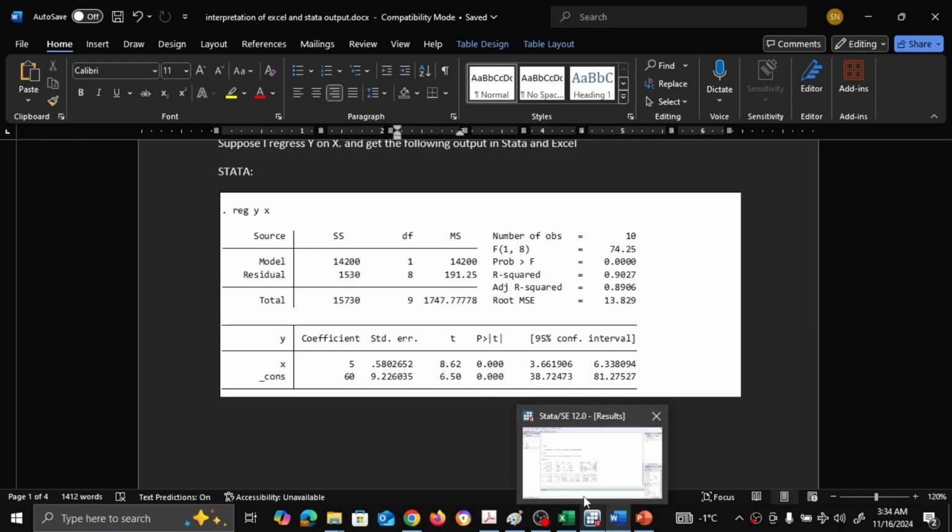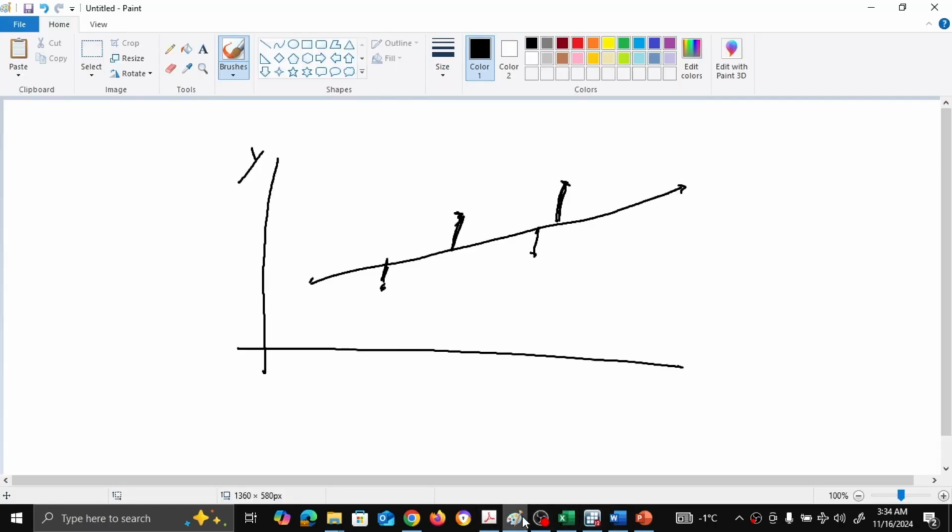So basically, the TSS is the sum of yi minus y bar, the average value of y, squared. Now this might look familiar to you. It's actually a component of the sample variance, the numerator of the sample variance, basically.